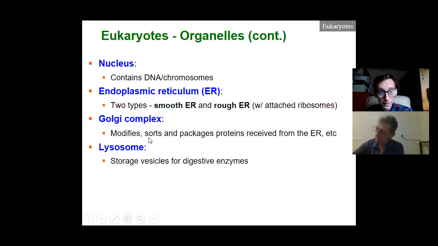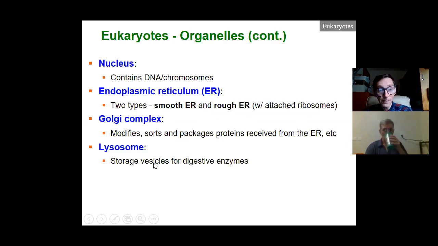And the Golgi complex modifies and sorts them, and then packages them. How it packages them is it puts them in a vesicle and then sends the vesicle to where the proteins are supposed to be. Okay, so that's the function of the Golgi complex. It's working with the rough ER and modifying proteins.